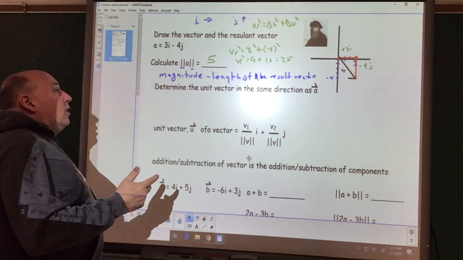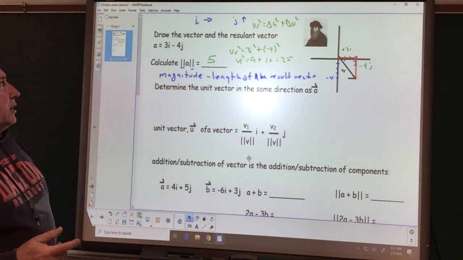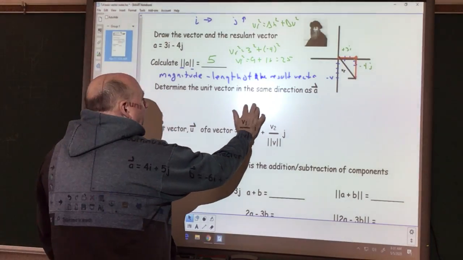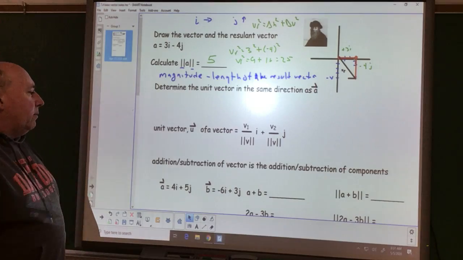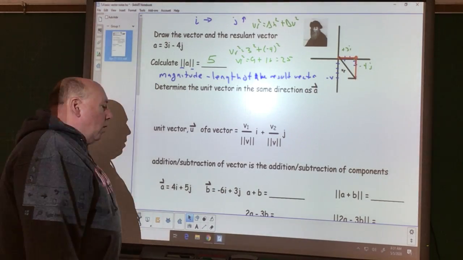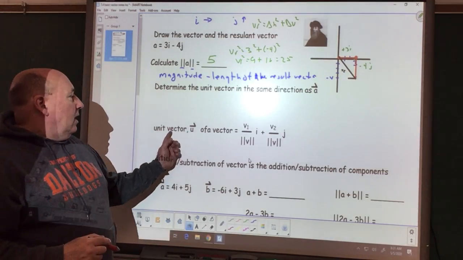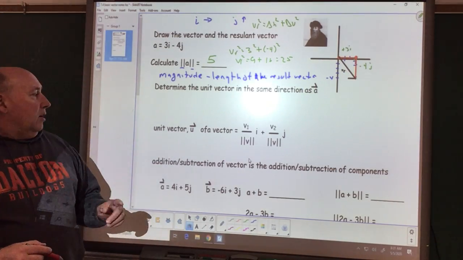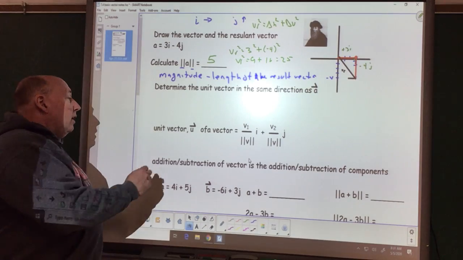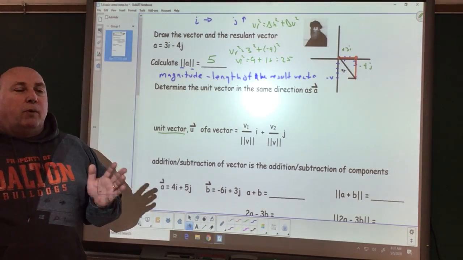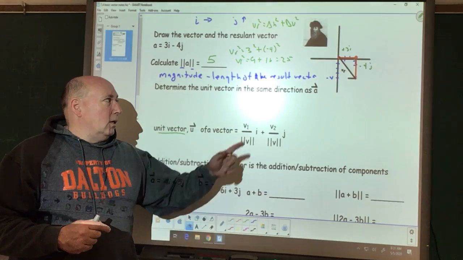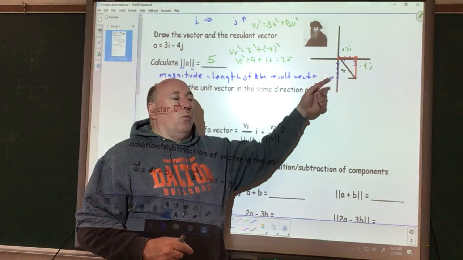We want to determine a unit vector in the same direction as vector A. Well, how do we determine the unit vector in the same direction as vector A? We want to reduce our original vector down to one unit.